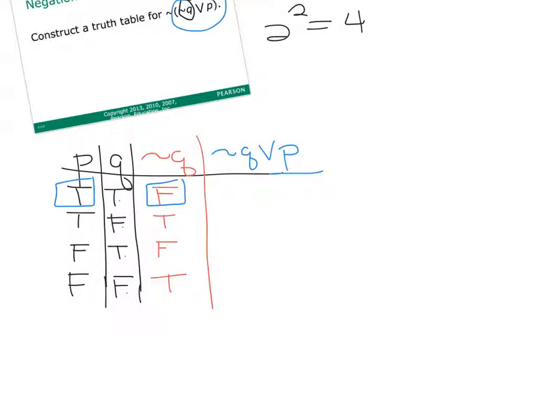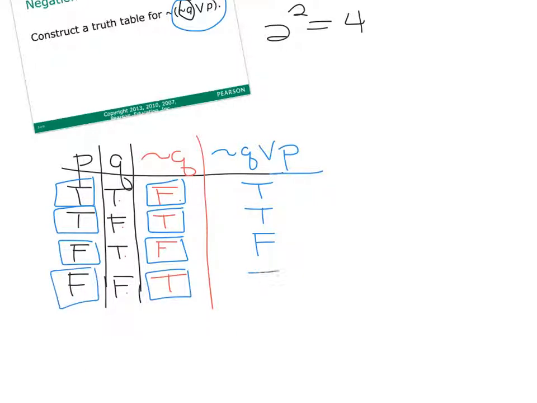So in my ORs, as long as one of them is true, then that statement is considered true. So because I have a false, true, I have at least one true, so I can put a true. I have a true, true, so I can put a true. I have a false, false, that's bad, false. I have a true, false, and that would be true.